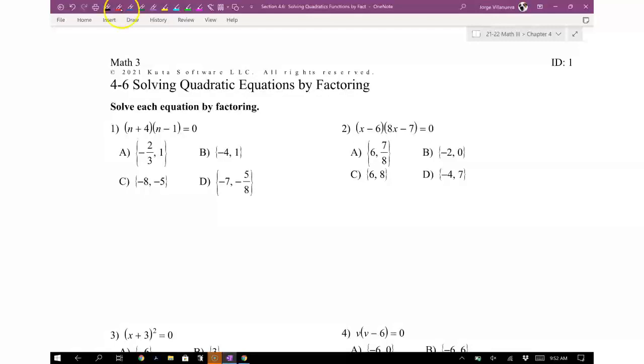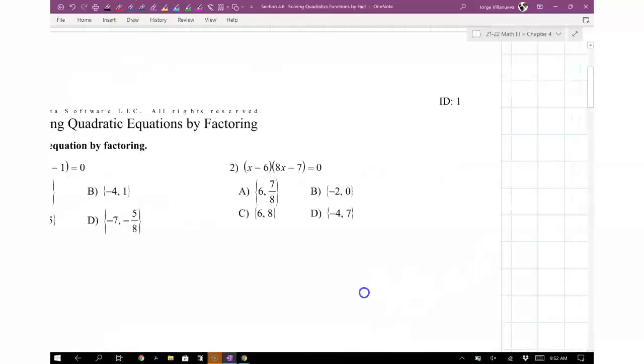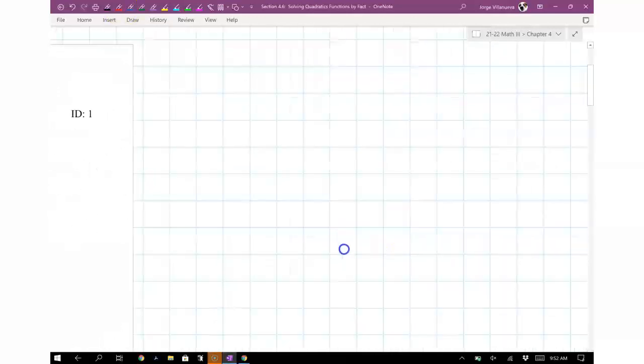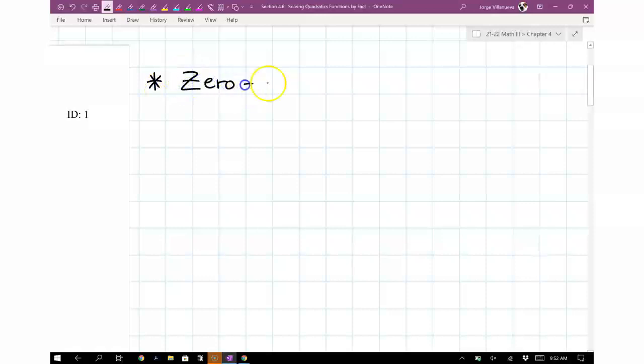But before we move into that, I just want to remind you of something really quick that you should already know. This is from Algebra 1. It's called the zero product property. In Algebra 1, you learned the zero product property.